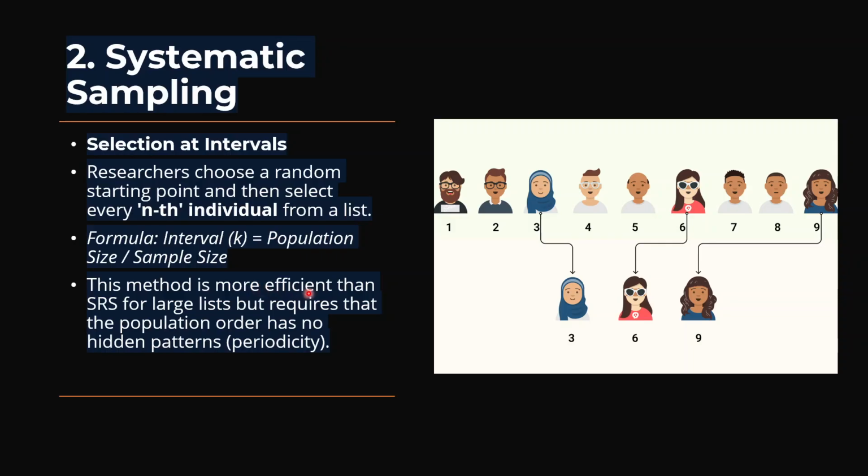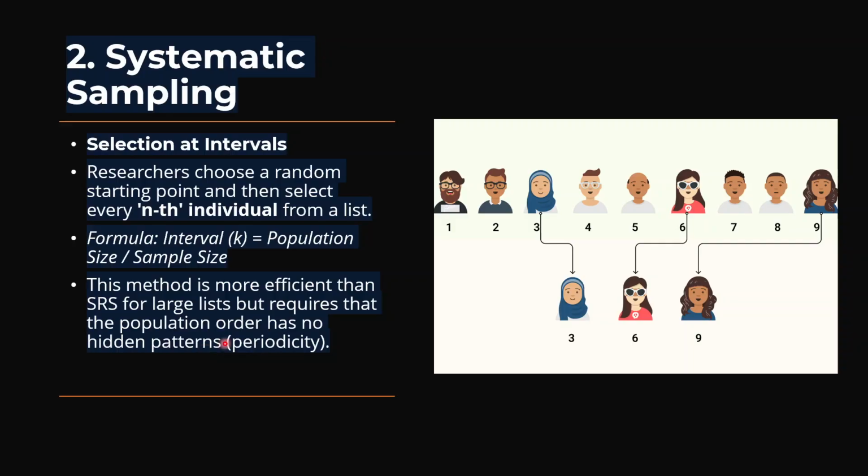This method is more efficient than SRS, simple random sampling, for large lists, but requires that the population order has no hidden patterns. Basically it is suitable for large populations. So I need not have the entire list readily available with me.